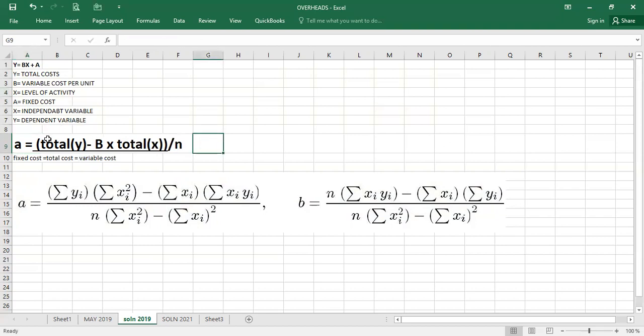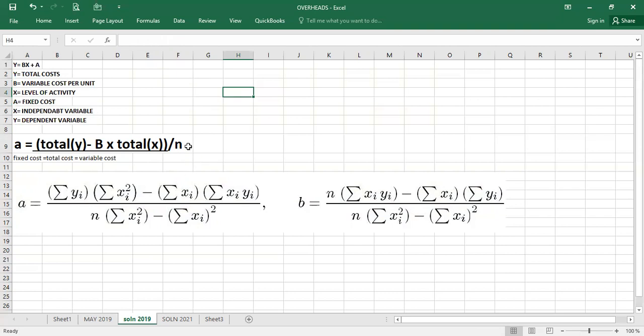So you can get it like that by getting the total of Y, and our Y, we said it is the dependent variable. So from there you also get the total for X, then all over you divide it by the number. There are 5 in total.